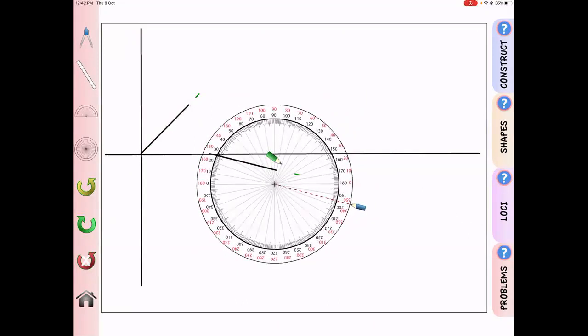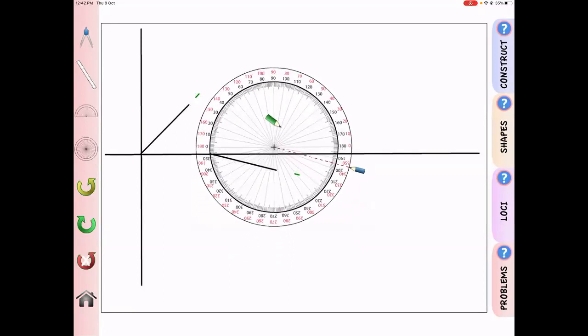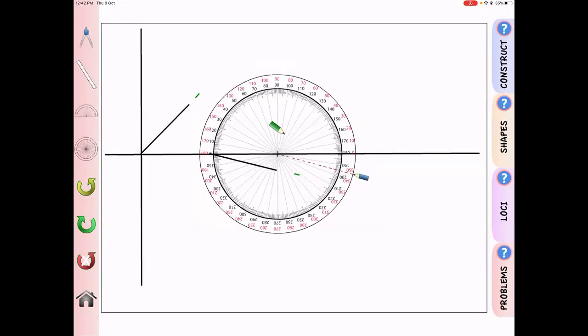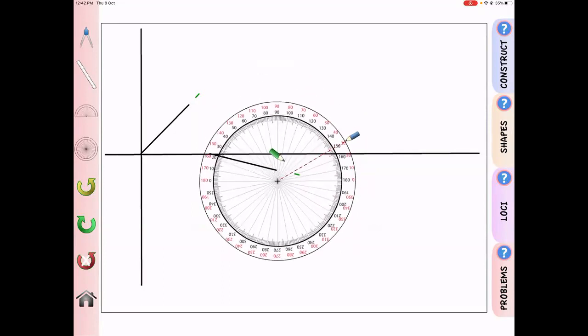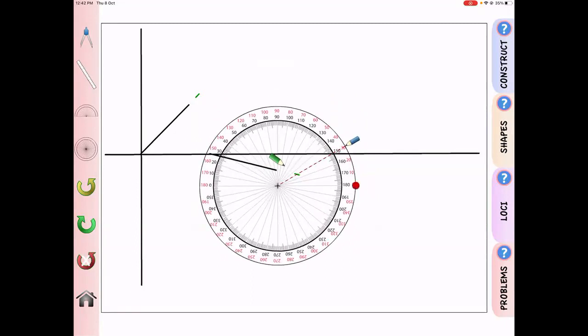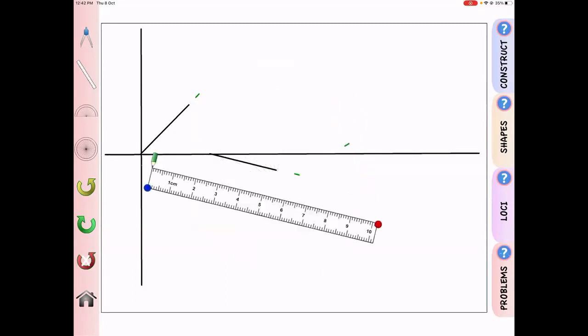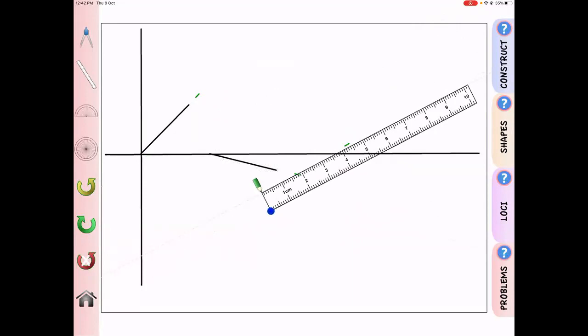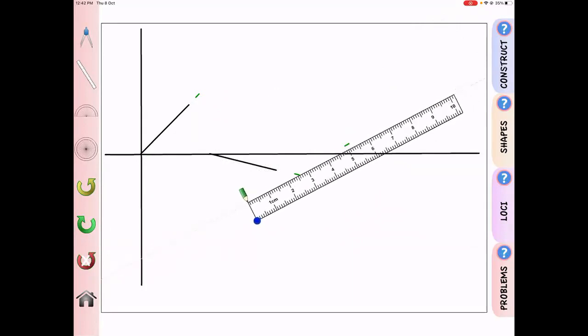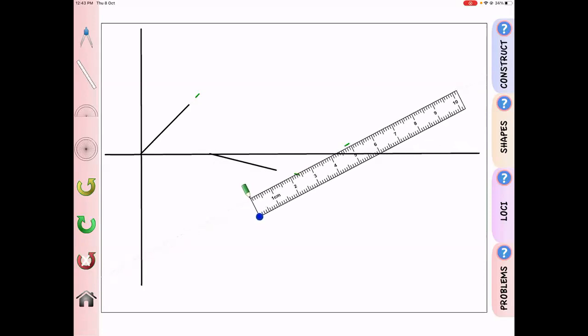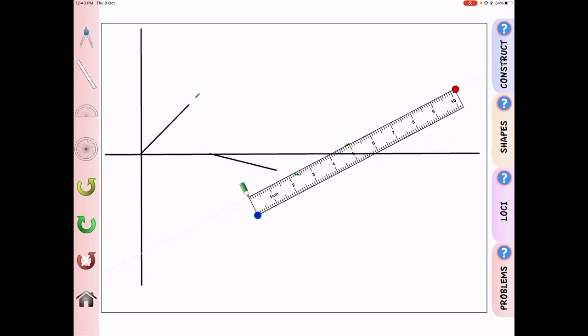I don't know if it will work or not, but let's try. Okay, so these are the three positions.